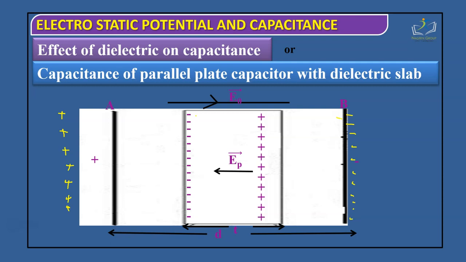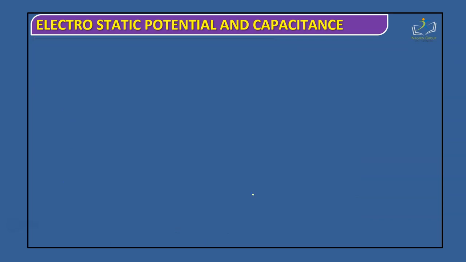Because of induction, if we put a dielectric there, a series of negative charges and a series of positive charges are created. Because of that, a self-induced electric field is created, and the direction of the induced electric field is opposite to the direction of the actual electric field. The thickness of this dielectric slab is t, and the complete distance, which we always take as small d.